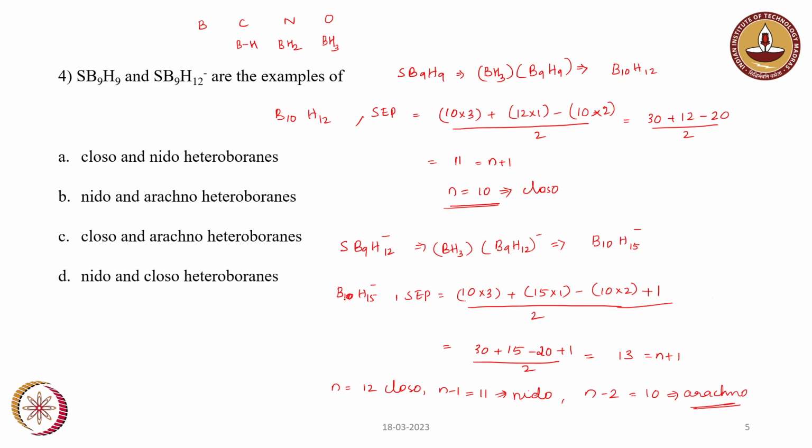So we have B10, so it is arachno group. So option C is the answer. SB9H9 will be closo, and SB9H12 minus will be arachno.